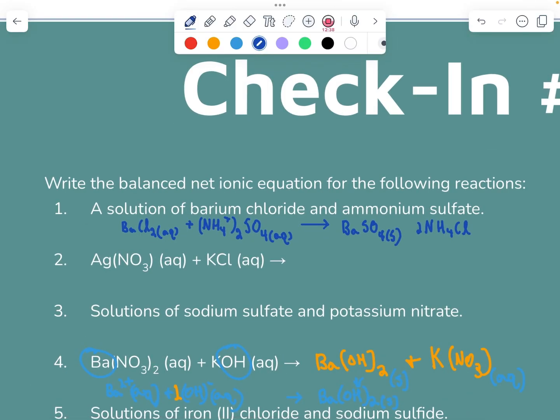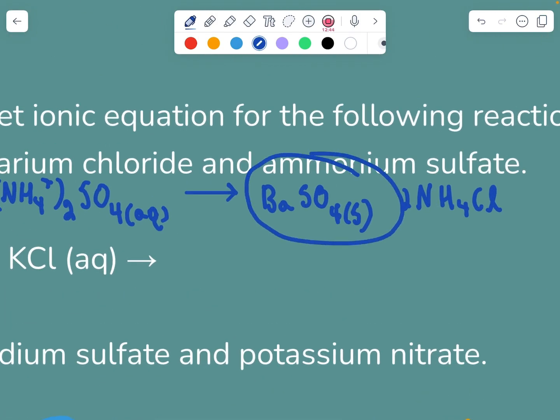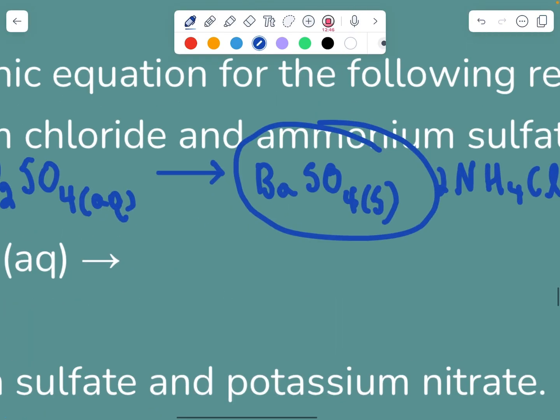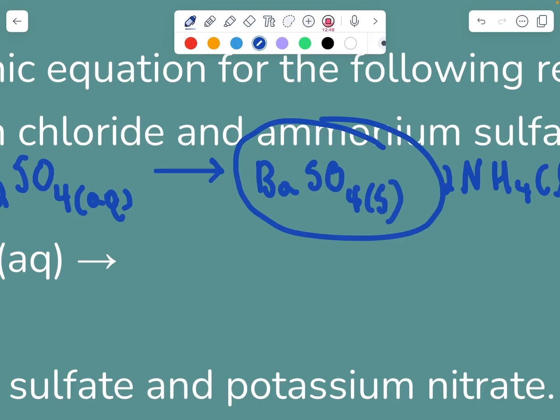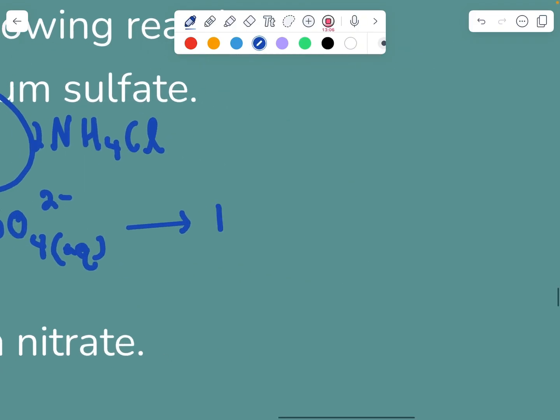And then let's just write the net ionic. These are the species that are involved in this reaction, and we separate them into ions, and we leave out the spectator ions. So Ba2 positive, aqueous, plus SO4, make sure you show the charges, aqueous, yields BaSO4.